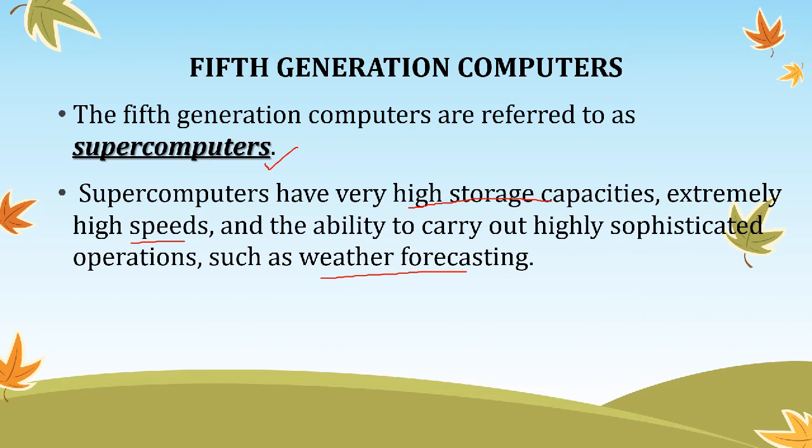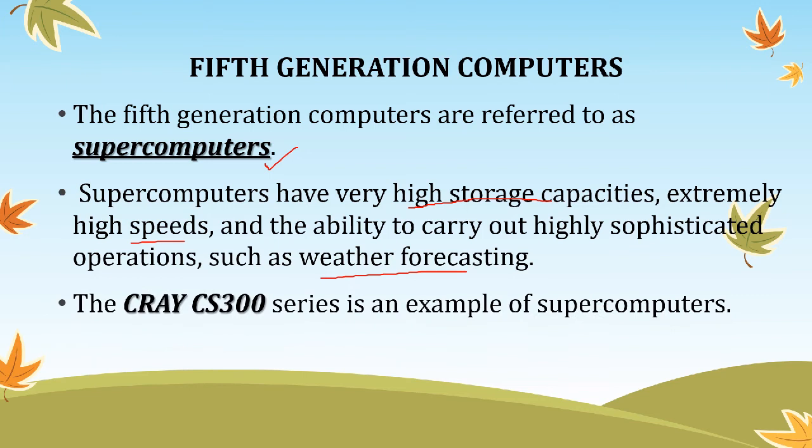You can store large amount of data. It has high storage capacities and you can work on it with very high speed. So operations can be done at high speed and it can solve complex operations also, and it is used in weather forecasting. And Cray CS300 is an example of supercomputer.